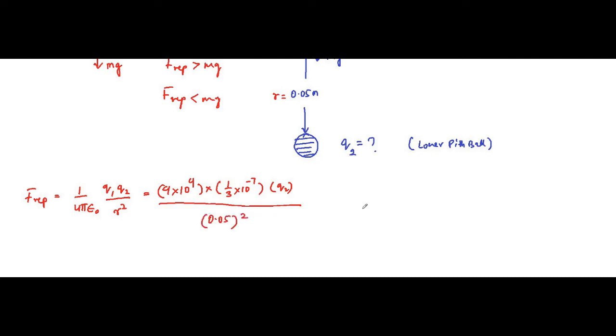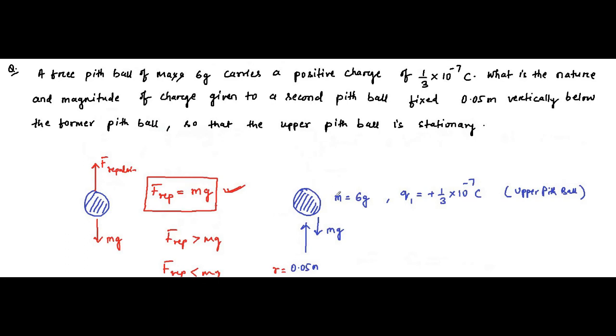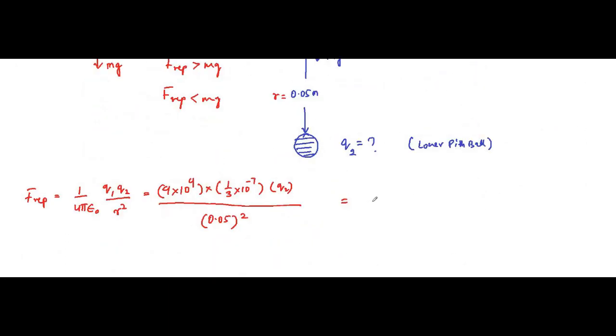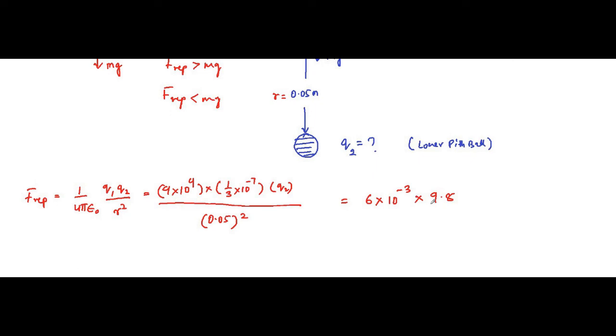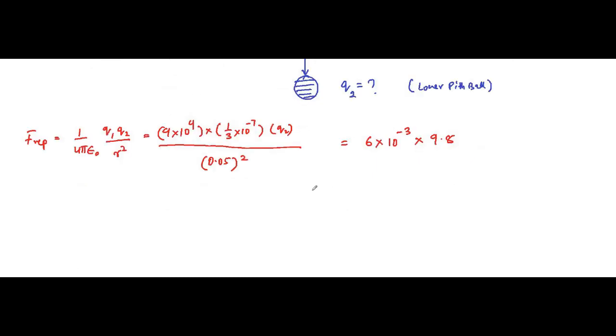This is the force of repulsion. It should be equal to the gravity force, the weight of the pith ball. Now the mass of the pith ball is given, it is 6 gram. If we convert it into kilos, it is 6 into 10 to the power minus 3 kg, multiplied with the acceleration due to gravity 9.8. That is the gravity force mg.